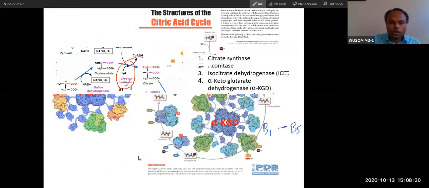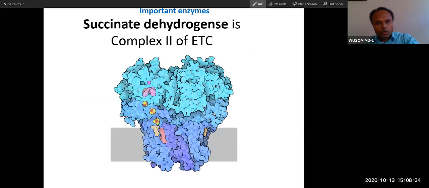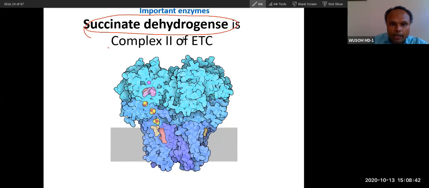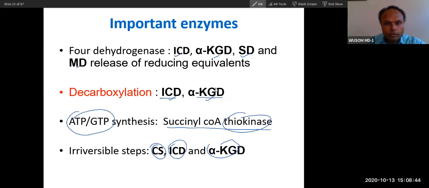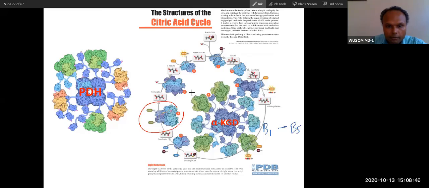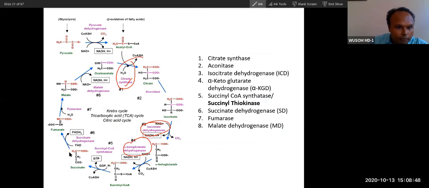Now, one very important enzyme. The enzyme name is succinate dehydrogenase. It is nothing but complex 2. This is the enzyme where FADH2 is produced.